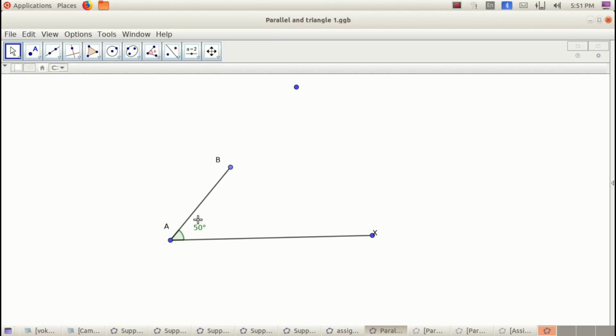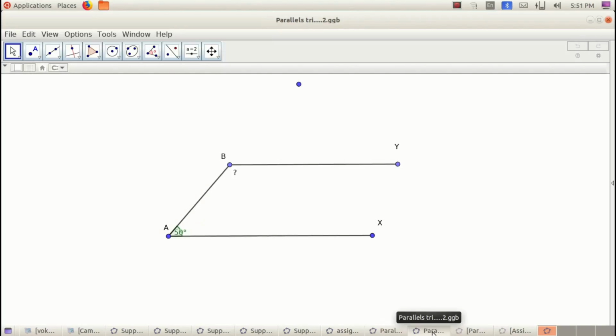For this I drew a figure here, segment AX, and I made an angle here 50 degree. Angle XAB is now 50 degree. Then move to the next figure. The next figure has some changes.